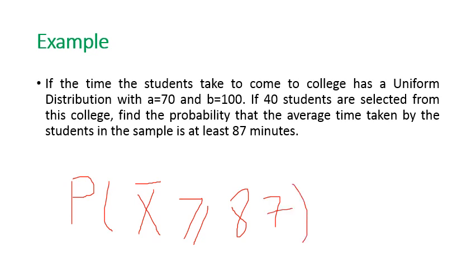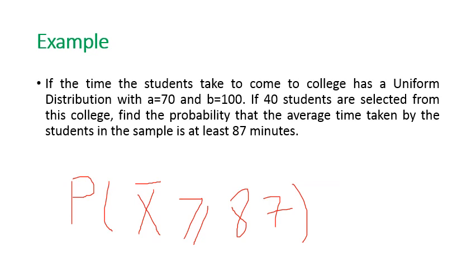Now, if I want to find any probability related to the sample average, up till now we have two rules. The first rule is when the population we are sampling from is normal, and this is not the case in this problem because the time has a uniform distribution. In the second case, according to the central limit theorem, the sample average can also follow a normal distribution if the selected sample size is large, and this is the case in our problem.